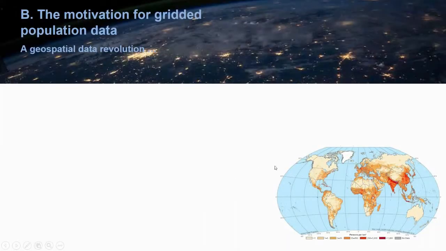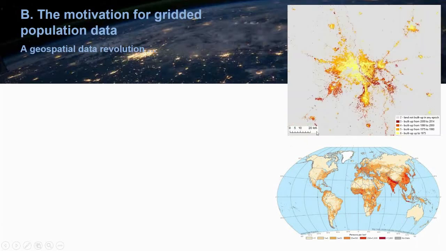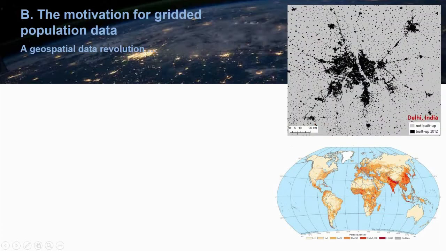Quick impression of the different data products. GPW, the oldest data product, the Gridded Population of the World, available for different points in time. Based on GHSL, the Global Human Settlement Layer, the Joint Research Center has published GHS-POP, which is the population service derived from GHSL.